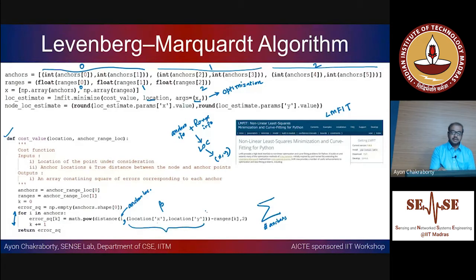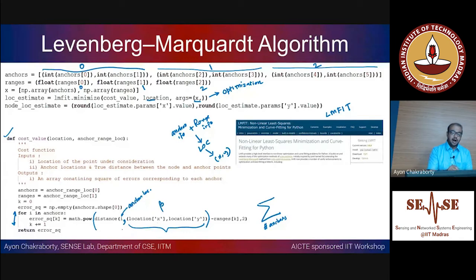This is the Euclidean distance between the anchor and the node, had it been at location beta. I don't know beta, I am trying to solve for beta. So had the location of the node been beta, what would have been the distance between the node and the anchor?